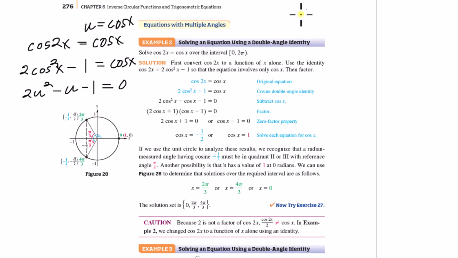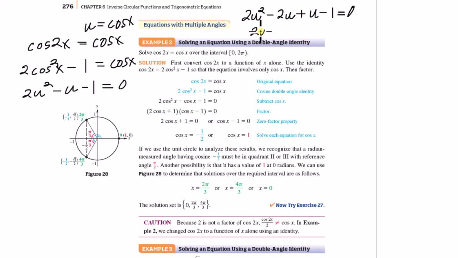So let's come over here. I guess we could factor this, but we have to do grouping first. So 2u squared minus 2u plus u minus 1 is equal to 0.